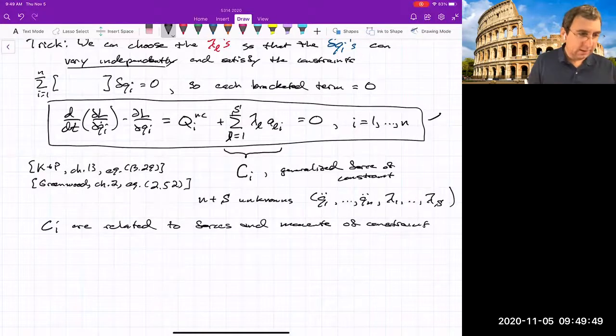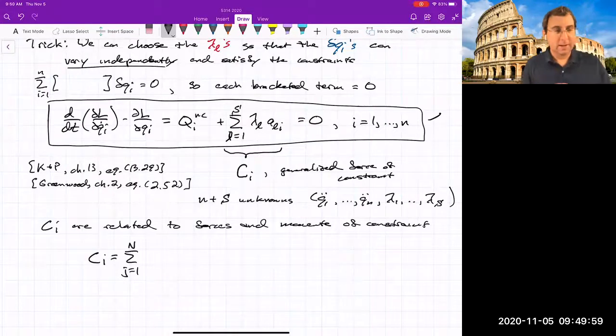So let me write C_i. This is going to be a sum over, and I'm assuming the case where we have capital N, possibly rigid bodies. If they're rigid bodies, then you have moments and stuff. If they're not rigid bodies, then all you have is forces.